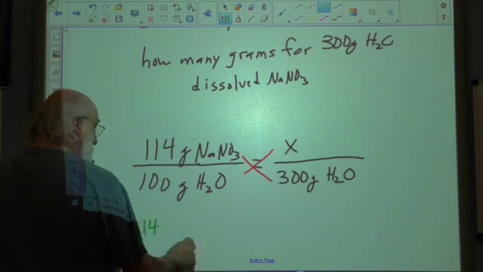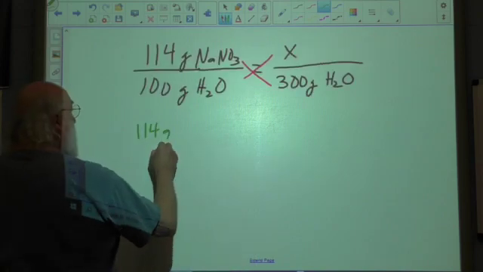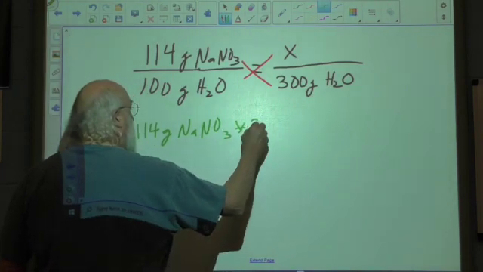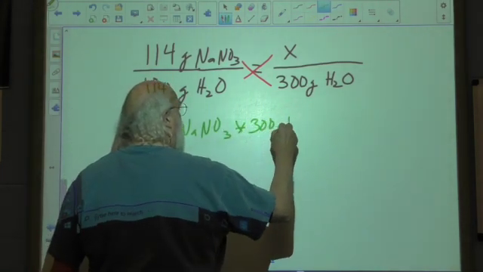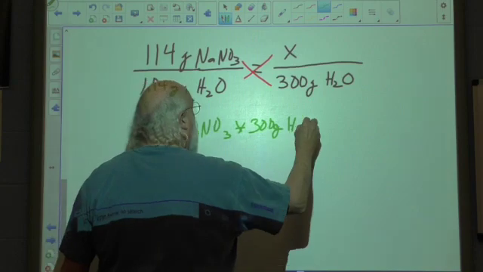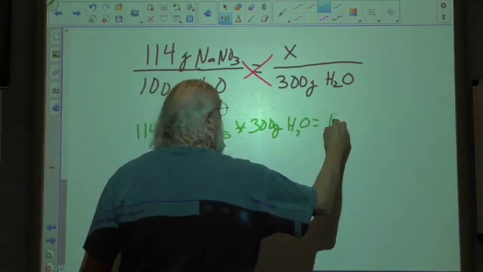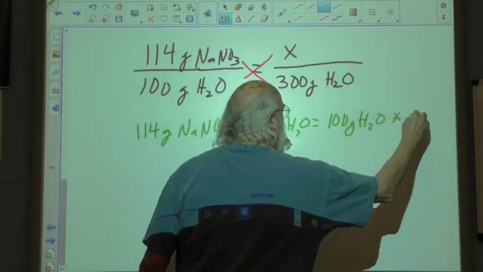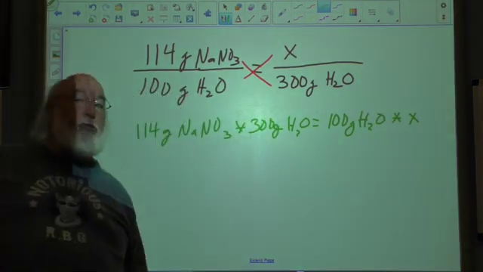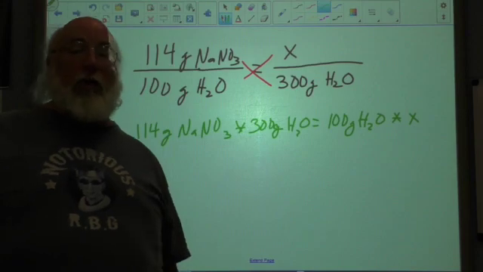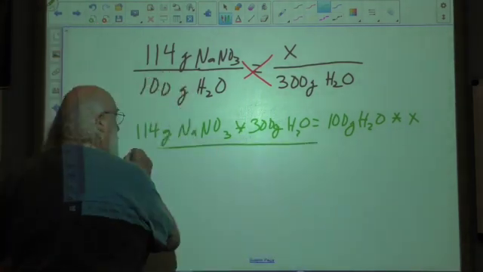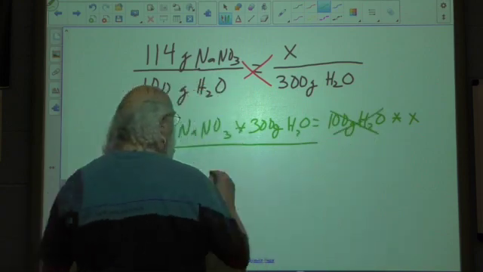114 grams of NaNO3 times 300 grams of water equals 100 grams of water times X. And like any good algebra student knows, you have to get rid of the number that's multiplying the X here to figure out what X is. So we divide both sides by that 100 grams of water.